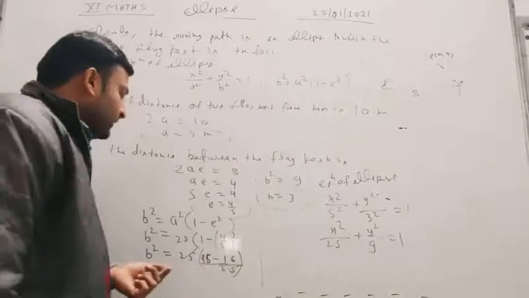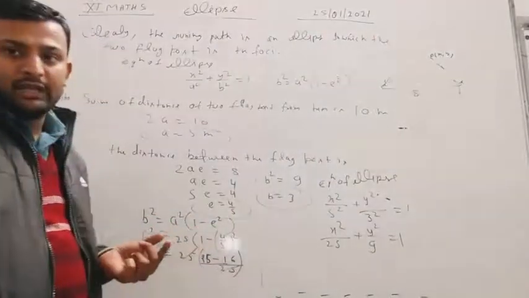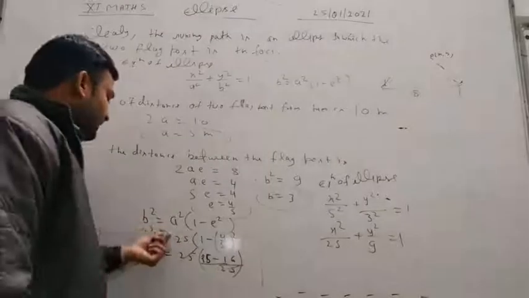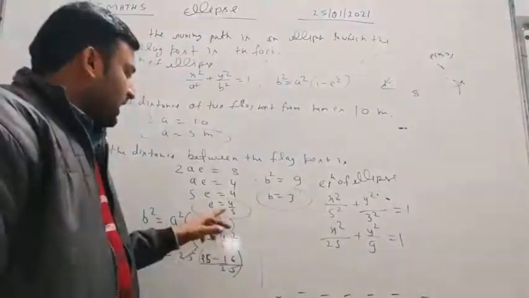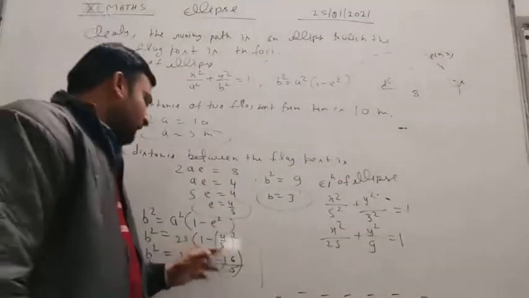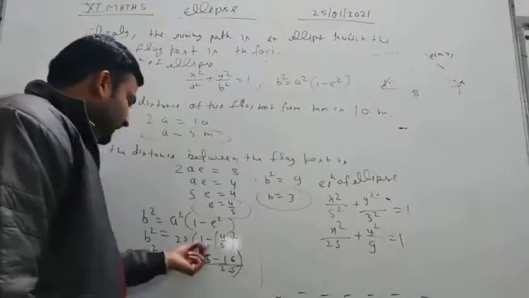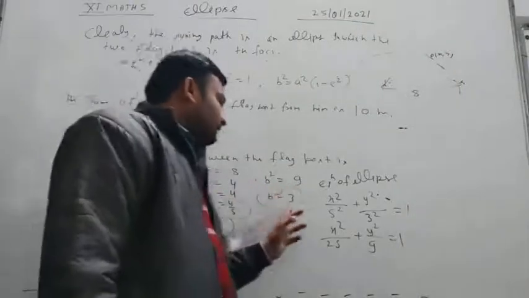Now students, our b square is equal to a square times 1 minus e square. So b square is 25 times 1 minus 4 by 5 whole square. Taking LCM and after cancellation we get b square is 9 and b is 3.